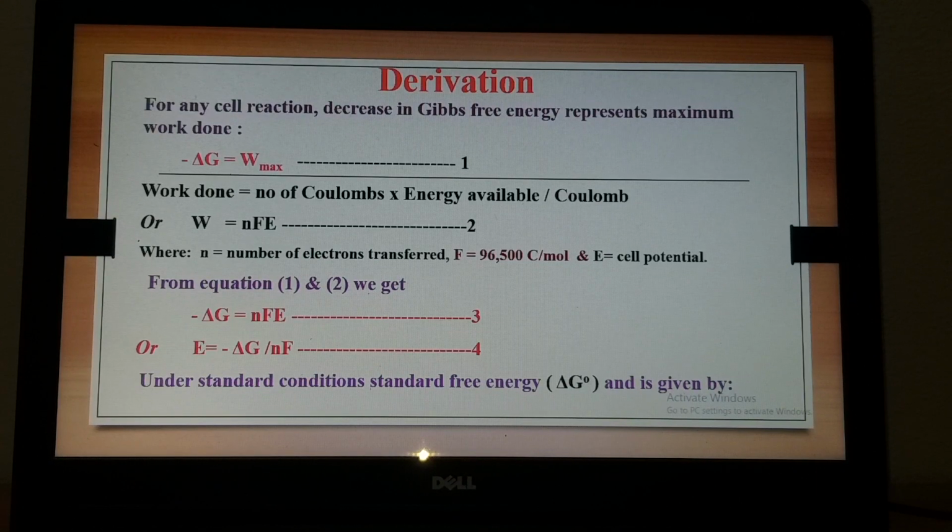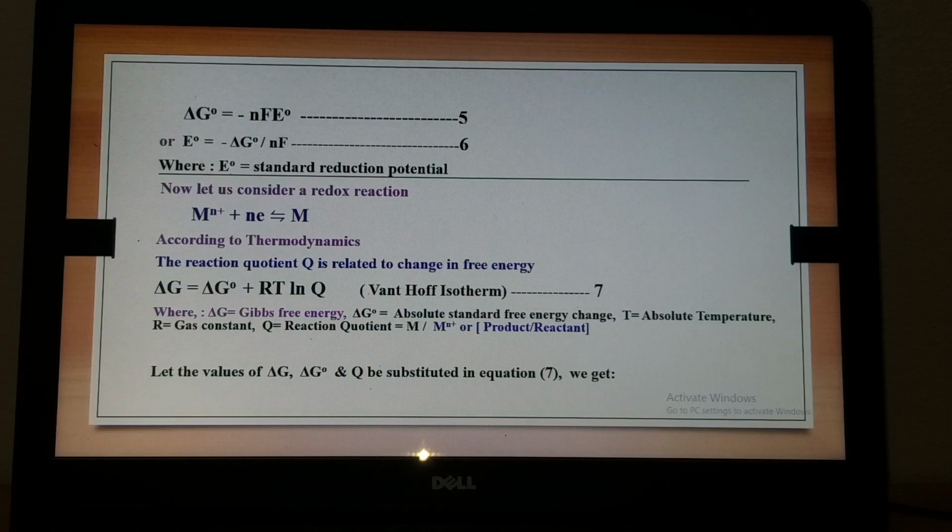But under the standard conditions, the standard free energy is represented by delta G naught. So we can write delta G naught is equal to minus nFE naught, or E naught is equal to minus delta G naught by nF. Here E naught is the standard reduction potential.